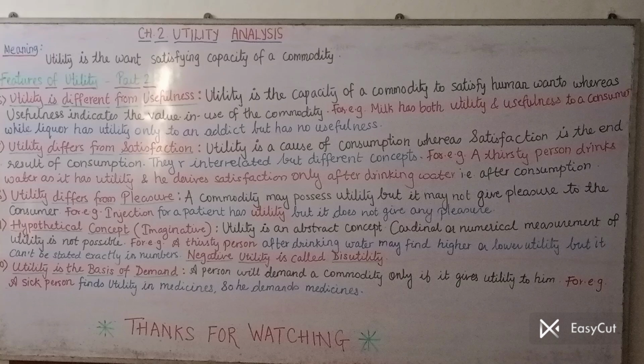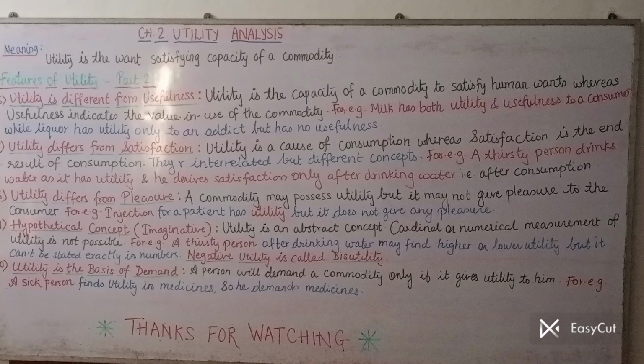Let us see how to write it. I hope you are getting this point. See, the point is feature number 7, utility differs from satisfaction. Utility is the cause of consumption. That means utility is present and hence we are consuming the commodity. Whereas satisfaction is the end result of consumption. Utility and satisfaction are interrelated but totally different concepts.